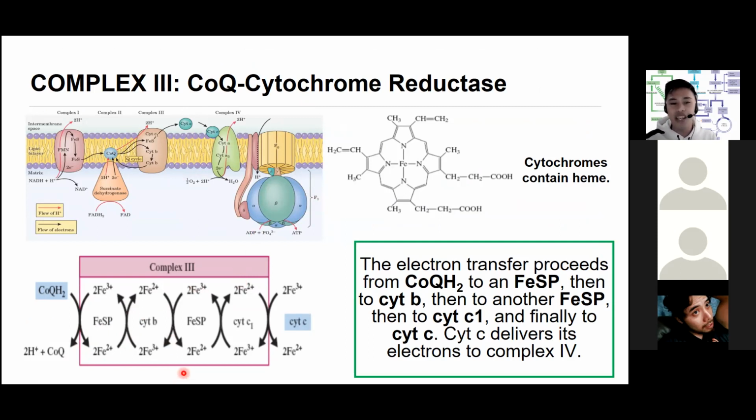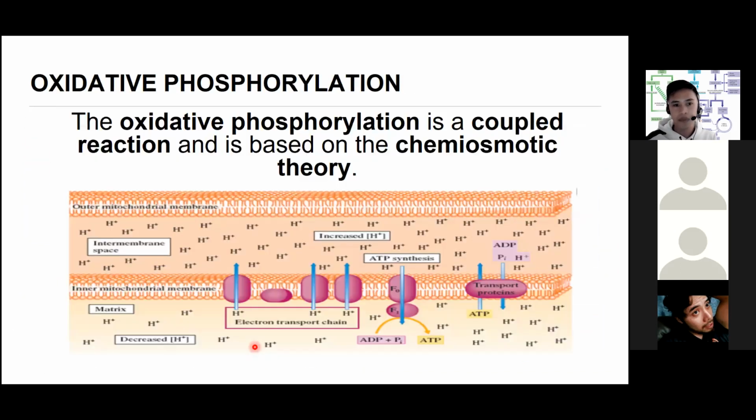I only considered cytochrome B, but there is also the iron sulfur protein. Anyway, this is the order. In your notes, I've written the order of how the electrons are passed on in the different complexes. Okay, sir, thank you.